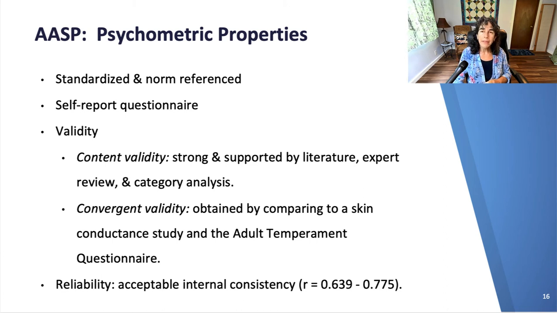The way that the scale goes is that great internal consistency is 0.9 and above, or excellent. Very good is 0.8 to 0.9. Acceptable is 0.7 to 0.8. So one of the scores falls in there. And fair is 0.6 to 0.7. So we're in that acceptable range.